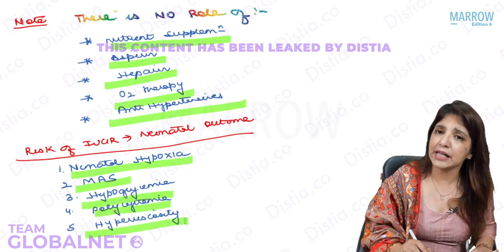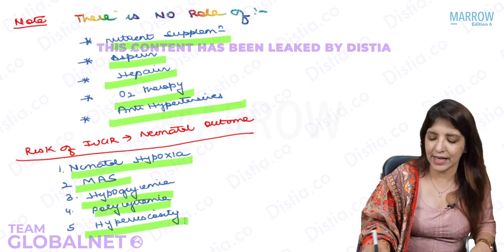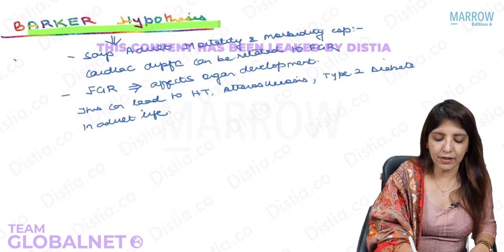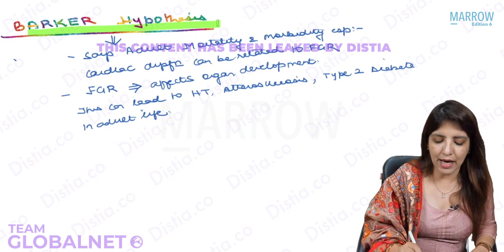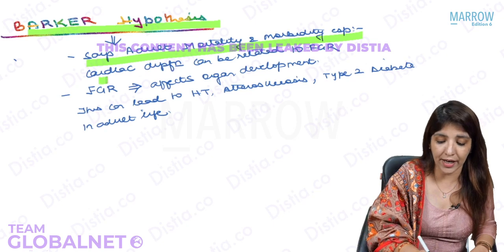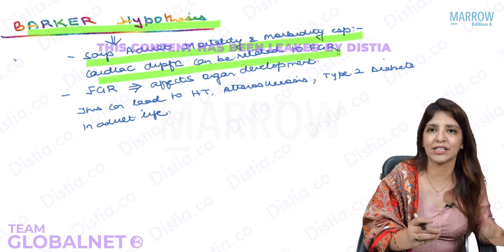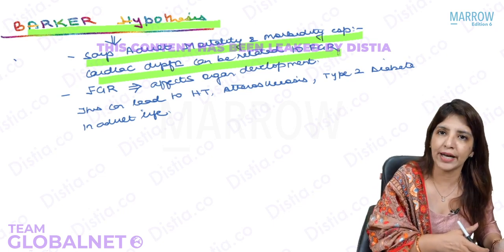Now, does IUGR affect the adult life in any way? Yes, that is what is called Barker's hypothesis. Barker's hypothesis says that adult mortality and morbidity, especially cardiac dysfunction, can be related to the growth restriction which that adult might have had in the intrauterine life.